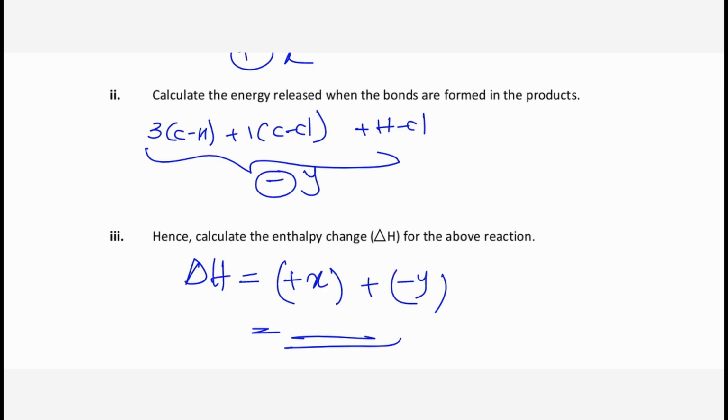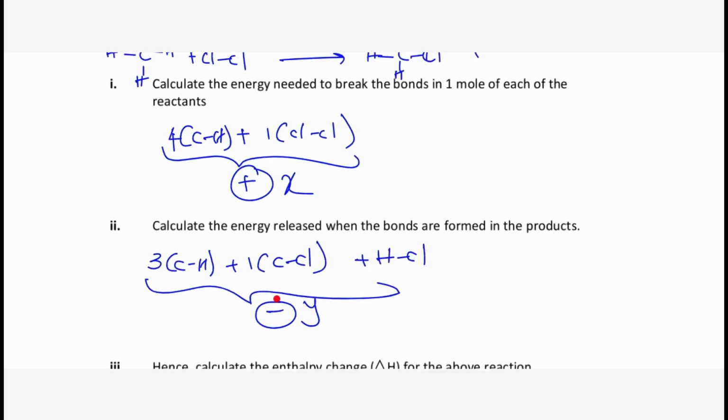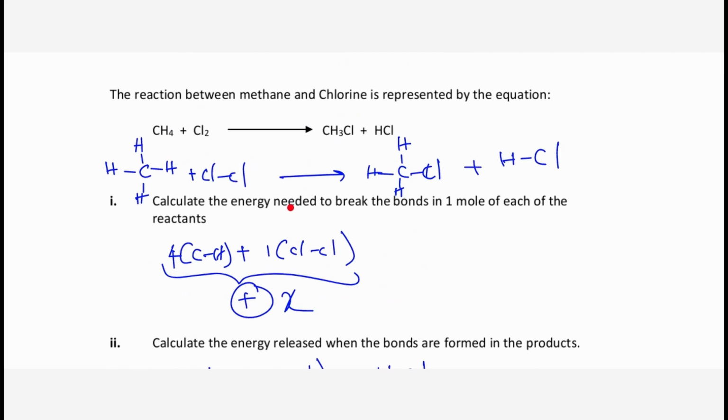This is one method. The first method is you break everything and you make everything. The second method is you don't break all the bonds; you break only the relevant bonds which are actually broken. You can see here, you only break one C-H and the Cl-Cl.